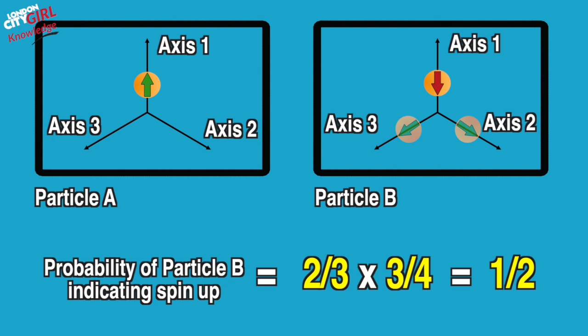Mathematically, it was calculated that if quantum mechanics is correct about how spooky action at a distance works, both particle A and B will indicate the same spins 50% of the time and different spins 50% of the time.